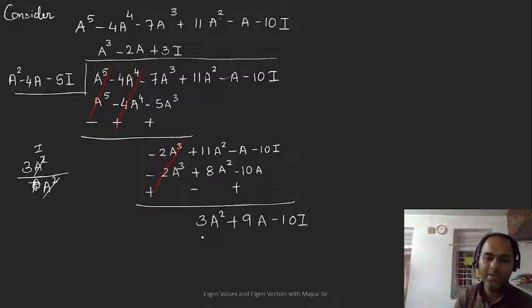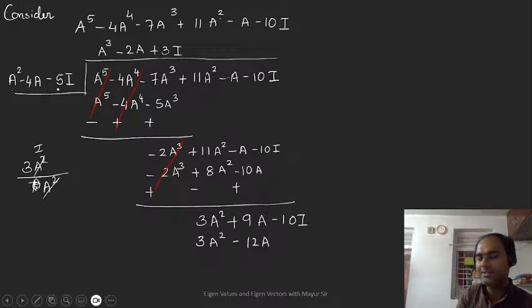So here you will get 3a square, and then 3 into minus 4a is minus 12a, and 3 into minus 5 gives you minus 15i, minus plus, and there is plus. So finally how much do we get here?